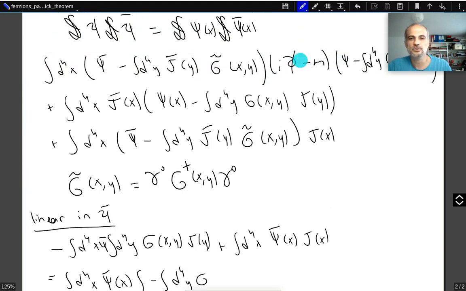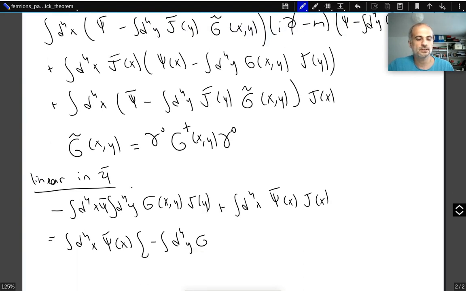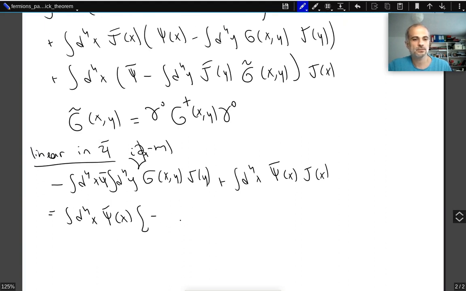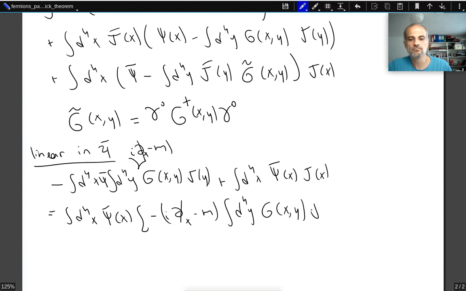So here there's also this operator which I forgot to write. So here we get i del slash minus m, but keep in mind that these derivatives are with respect to the space-time point x, not y. So here we get i del slash x minus m d^4y, g of x, y, plus, now here inside there is j of y, plus j of x. We want this term to be 0.